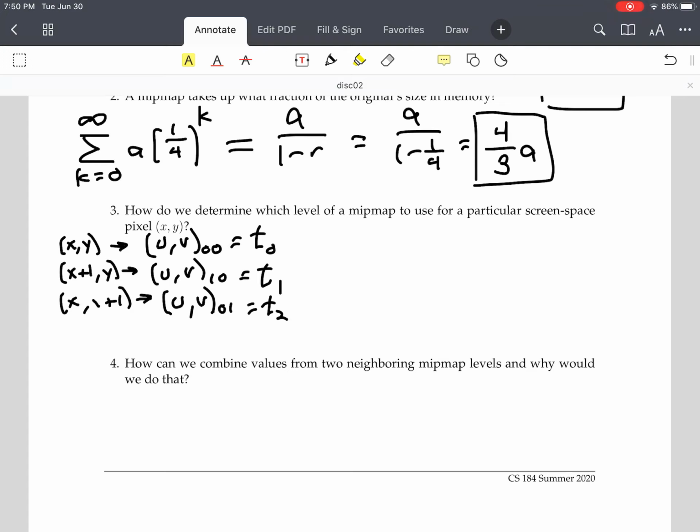We have the first pixel, x, y, right here, and that translates to some UV coordinates in the texture space, 0, 0, which we're going to call T0. Then if we move one pixel over in the x dimension, so x plus 1, but y stays the same, that's going to result in some new UV coordinates, which we're going to call T1. And the last one, if we stay the same in the x dimension but move over one pixel in y, that's going to result in some new coordinates that we'll call T2.